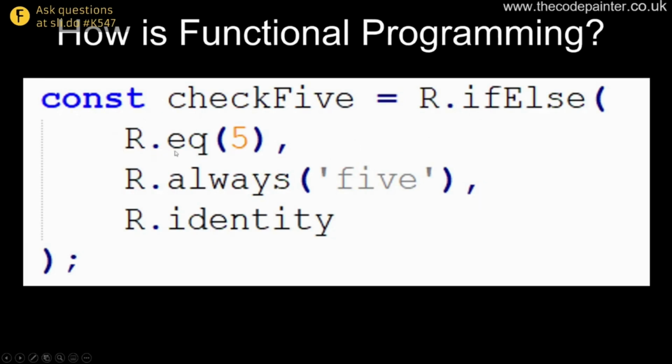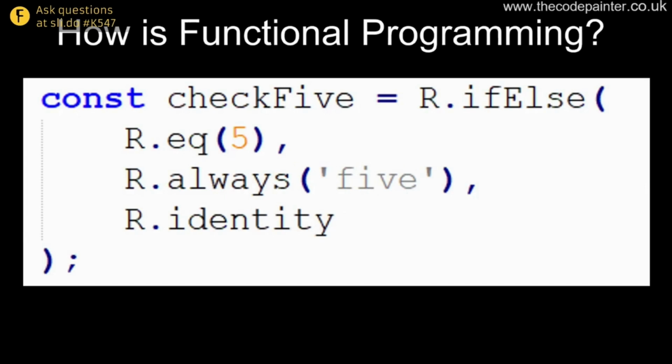In my case, it's r.equals 5. So whatever has been passed into this function here, pass it here, and this will tell me whether or not it equals 5. If it does equal 5, then pass it into this function and do the transformation. Now, always means that's what it always returns.